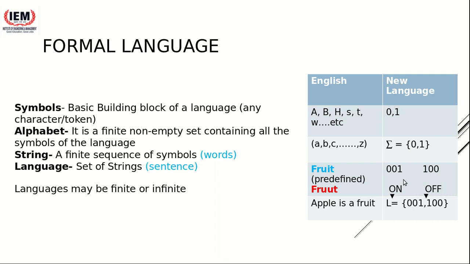Since I am the designer of the language, I will decide which is the correct one. Just as the spellings are predefined, that F-R-U-I-T is correct and F-R-W-T is not correct, over here also I'll decide that 001 is correct and stands for on, and 100 is correct and stands for off. That is the standard, and these are my strings. 001 is a string, 100 is a string.